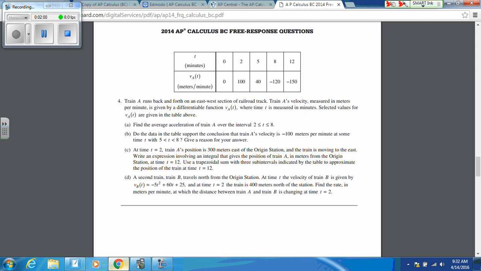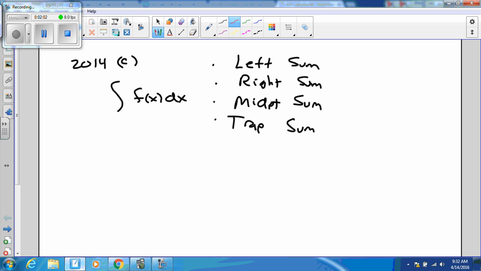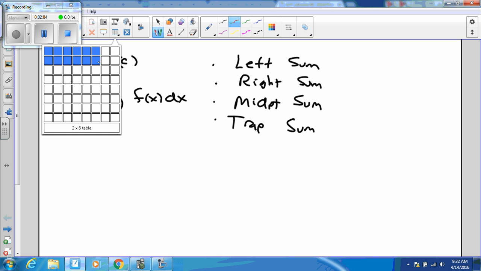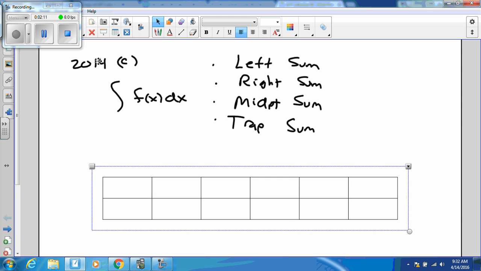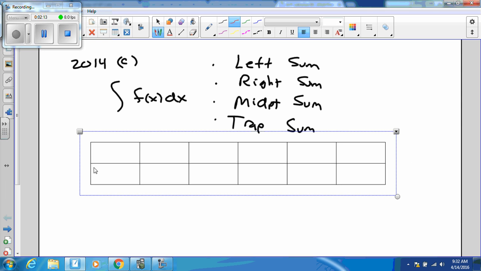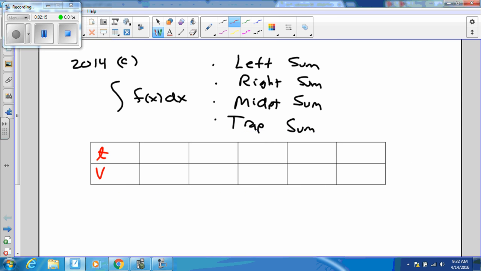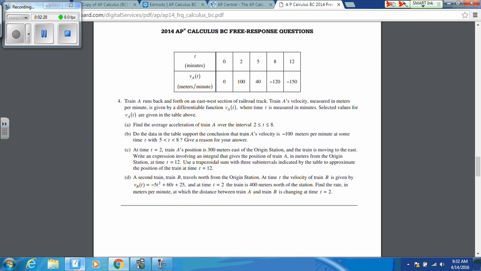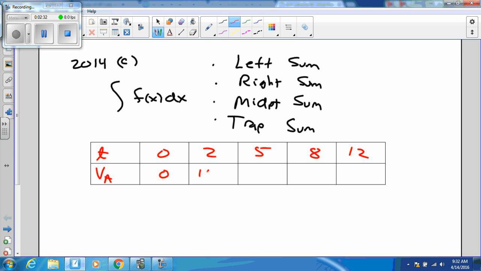Here, we're going to give ourselves a table with t: 0, 2, 5, 8, 12, and now we go back to v(t): 0, 100, 40, minus 120, minus 150.